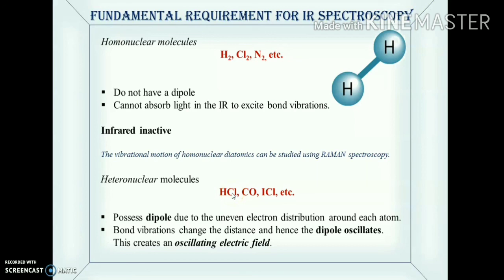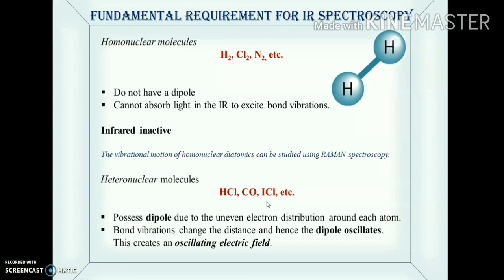Now, when dissimilar atoms are bonded together by means of chemical bonds, definitely there is going to be some difference in electronegativity, right? Because the two atoms are not similar. So when such diatomic molecules are composed of dissimilar atoms, they possess a difference in electronegativity, due to which there will be some value of the dipole moment.